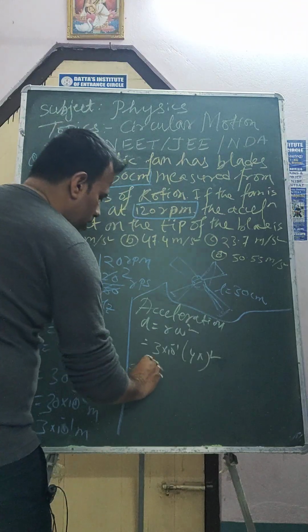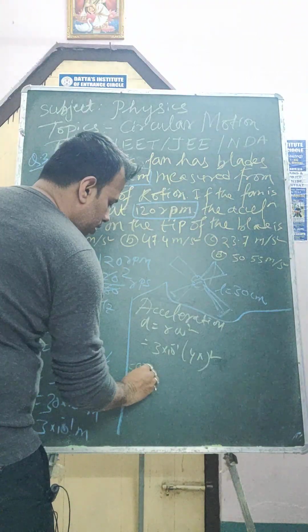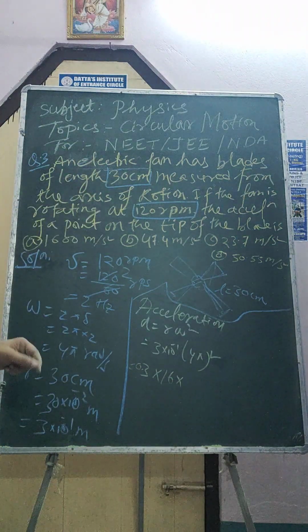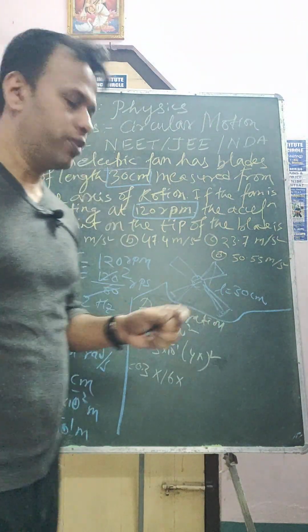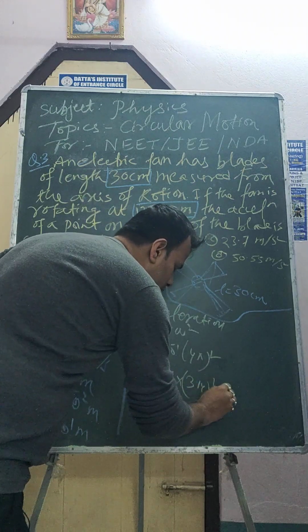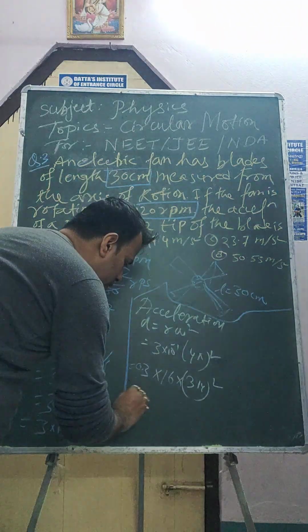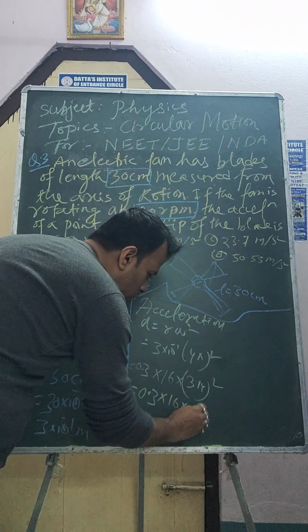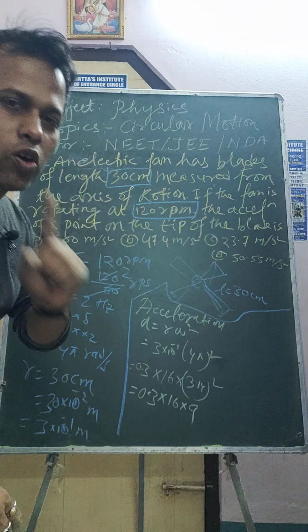So this one will be 0.3 into 16 into pi square. Pi is 3.14, so pi square means 3.14 square. If I consider this as only 3, it will be 0.3 into 16 into almost 9, is it not? Almost 9.